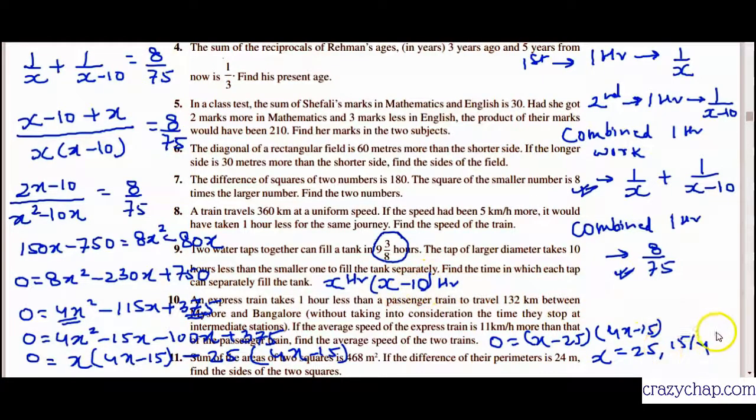But when x is 15/4 hours, that is basically 3.75 hours, x minus 10 would be a negative number, right? Time taken by a tap cannot be negative. That is why the x value 15/4 is not possible. So the only possible answer is 25. So the time taken by the two taps is 25 and 15 hours. So my answer is 15 and 25 hours.